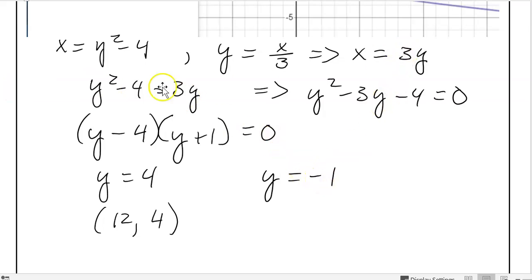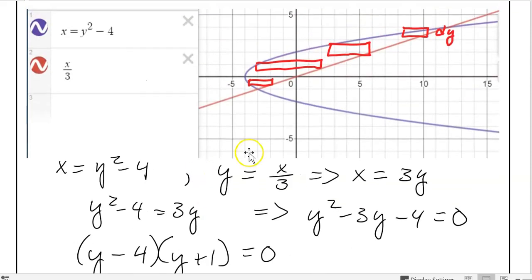When y is negative 1, the x value should be negative 3, which gives me another point of intersection, negative 3, negative 1. Looking back at the graph, I can believe that this one is in fact 12, 4, and this one is in fact negative 3, negative 1.